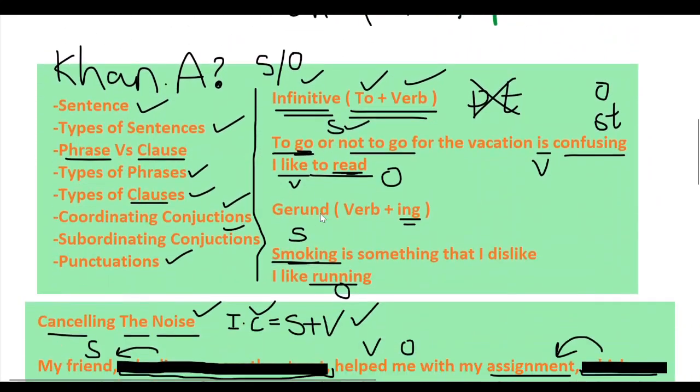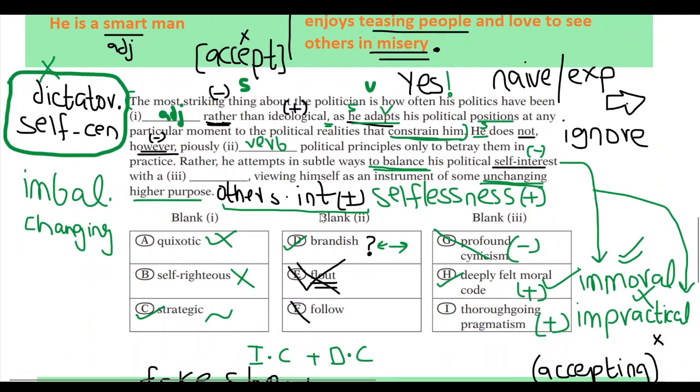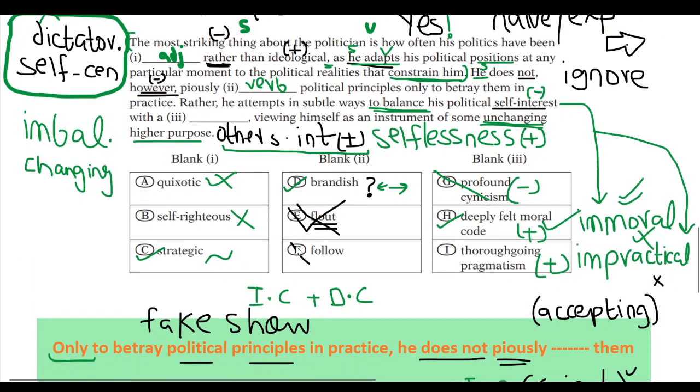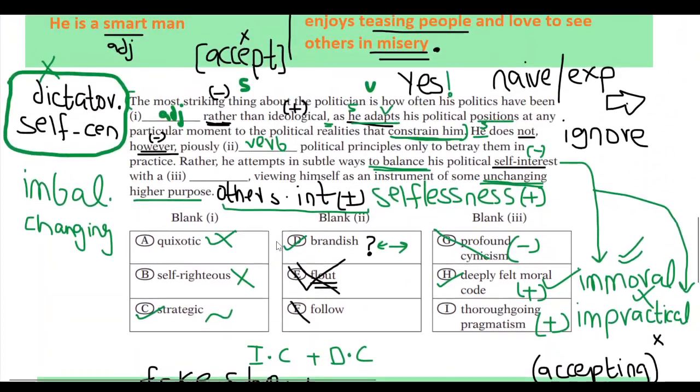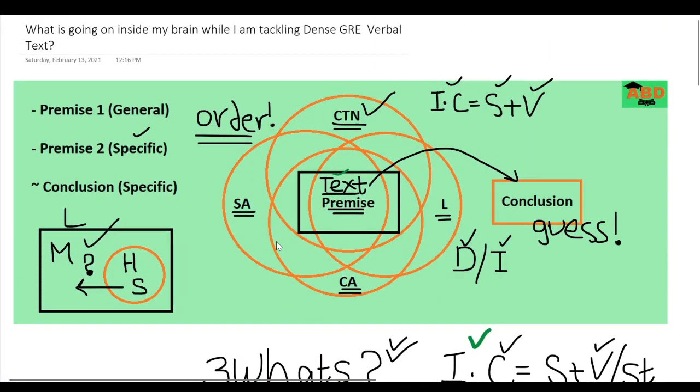And the reason I was able to come up with a solid argument against every single one of these answer choices is because I use this method in which I'm combining all these four strategies into one and then trying to come up with a conclusion.